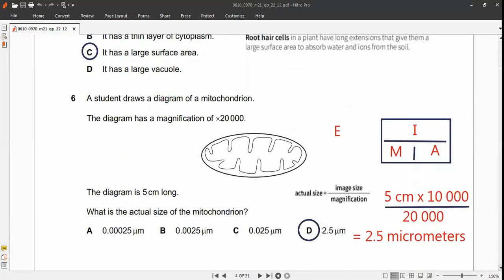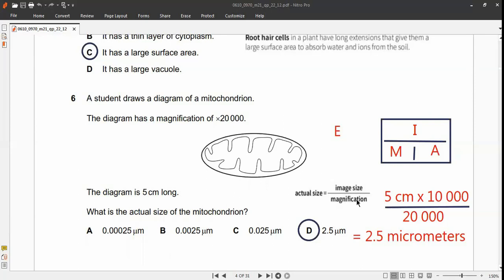Question number 6. A student draws a diagram of a mitochondrion. The diagram has a magnification of 20,000. The diagram is 5 centimeters long. What is the actual size of the mitochondrion? So the law: actual size equals image size divided by magnification.